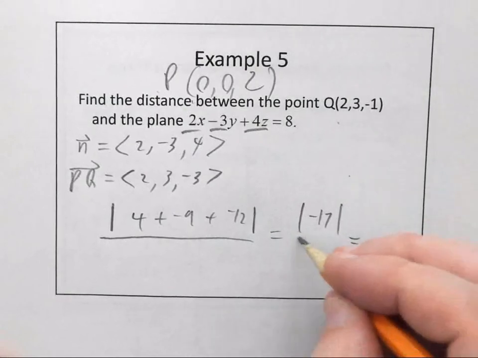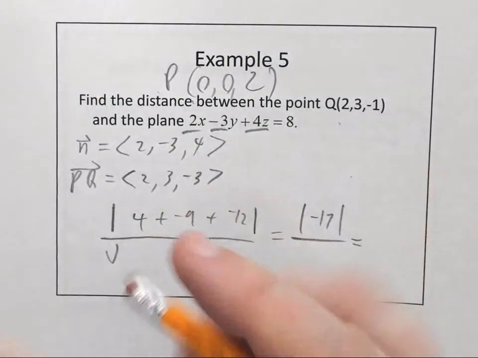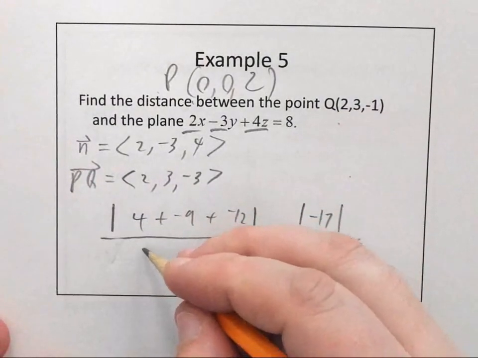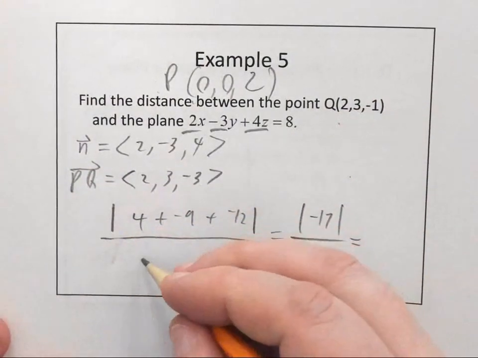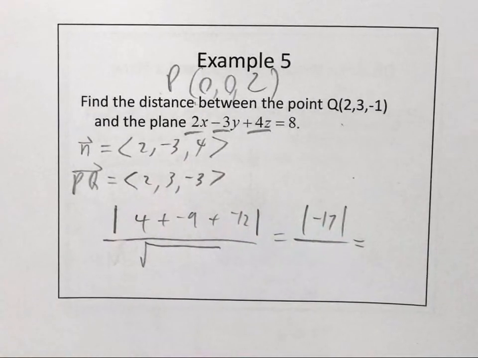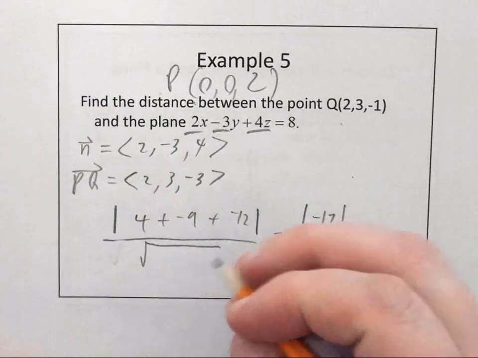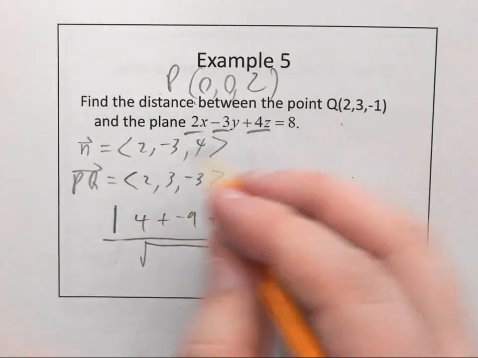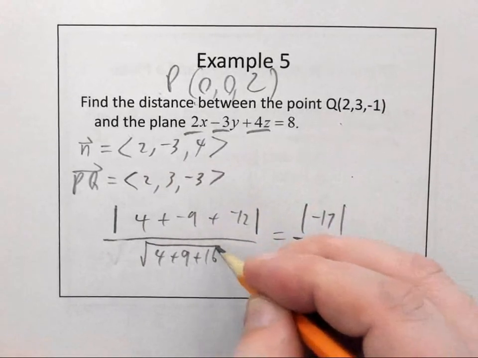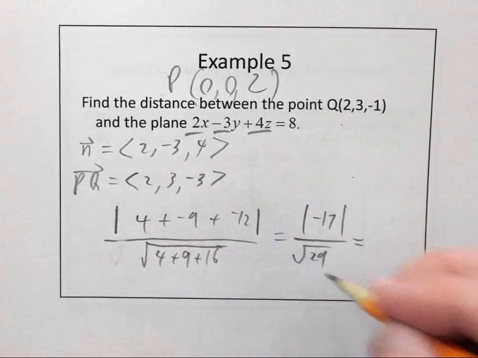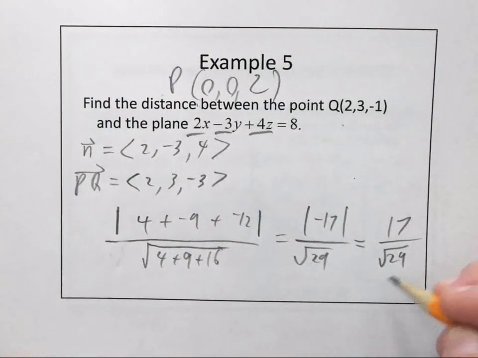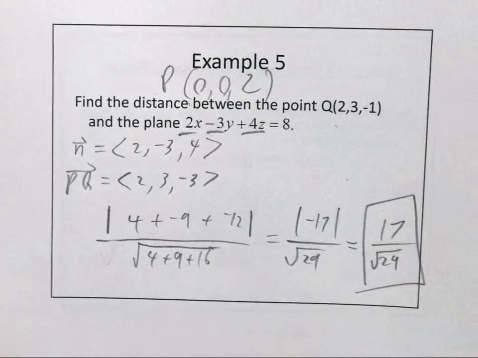On the bottom, I need to take the magnitude of just the vector n. So that's going to be the square root of what? 29. Yeah, you're going to take each one of those values from n squared, so 4 plus 9 plus 16, which will give you the square root of 29. So, the distance between those two things is 17 over the square root of 29.